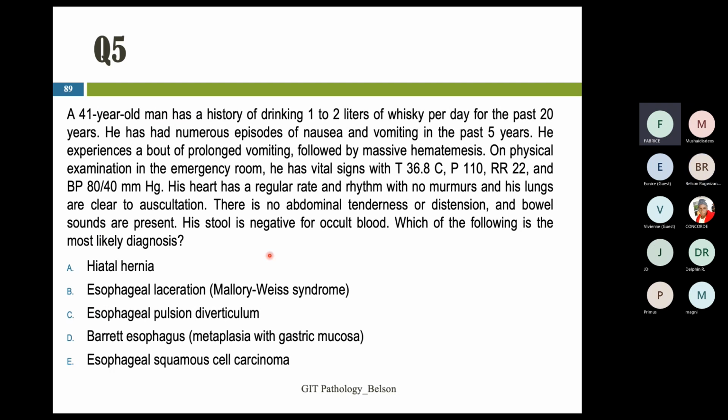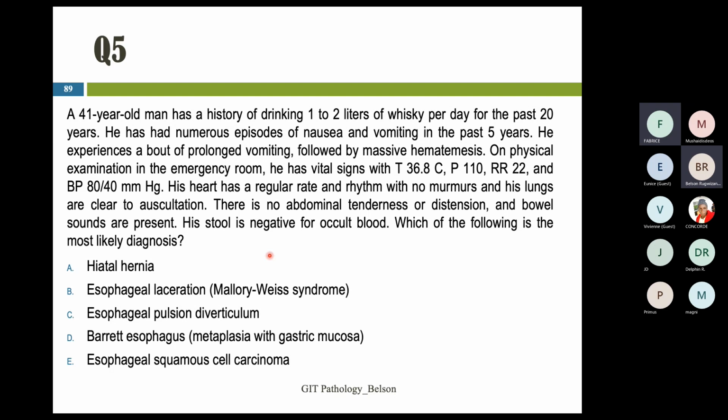Fifth. A man aged 41 had a history of drinking 2 liters of whiskey per day in the past 20 years. He had numerous episodes of nausea and vomiting in the past 5 years.